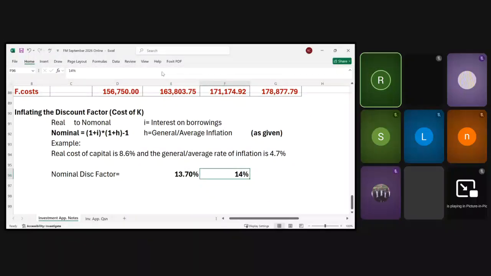But if you calculate your discount factors using Excel, you can still use 13.7%. Both answers are accurate. We treat the difference as marginal, which does not matter. This is how we treat inflation.